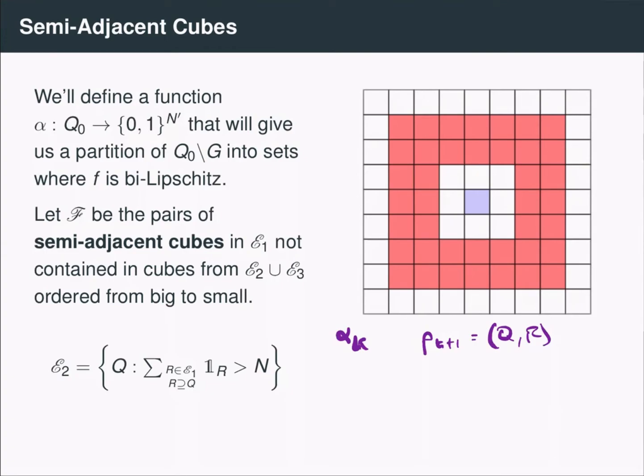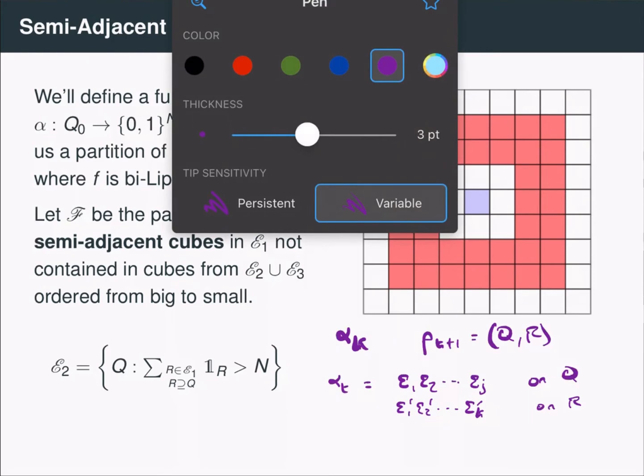So let's say we've come to our k plus first pair, Q and R. And suppose that alpha k currently is equal to epsilon 1, epsilon 2, dot dot dot, epsilon j on Q, and it's equal to epsilon 1 prime, epsilon 2 prime, dot dot dot, epsilon j prime on R. So what we're going to do is adjust these sequences by adding new digits to them.